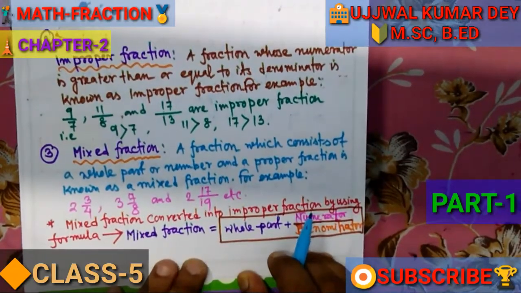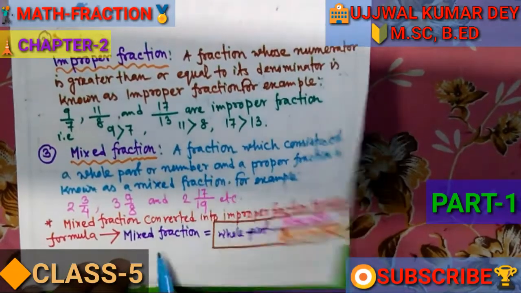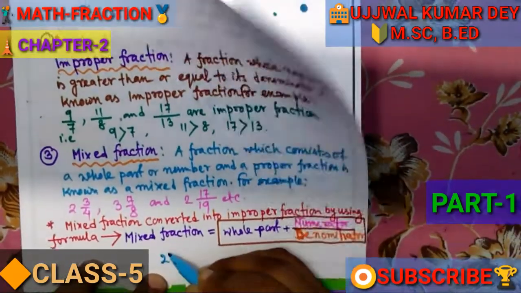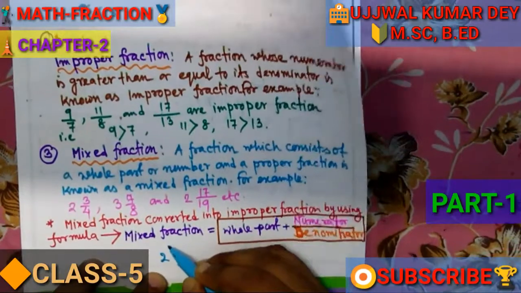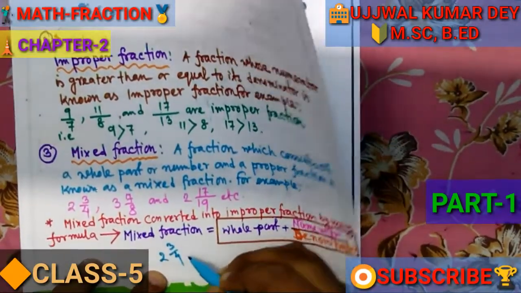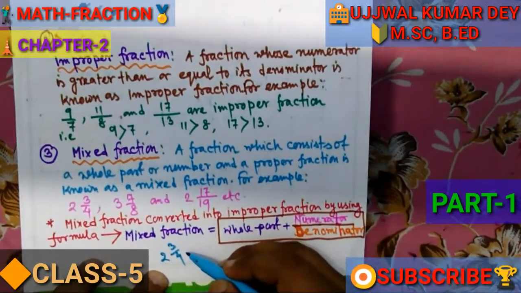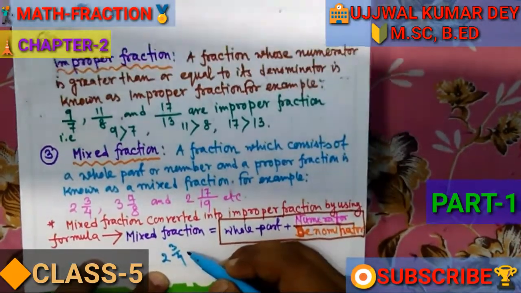Suppose 2 whole 3/4 is a mixed fraction. It can easily be converted to an improper fraction.